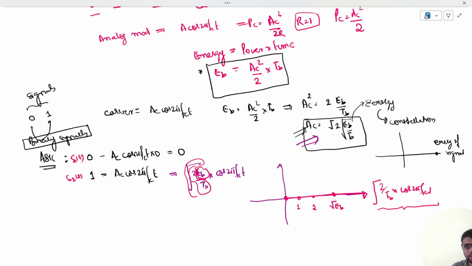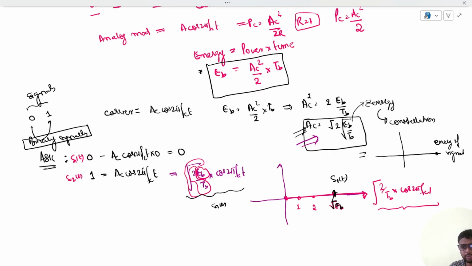So if this point is root over Eb, then this point represents S1(t). Because this point represents root over Eb into root over 2 upon Tb cos 2πfct, which is nothing but S1(t).